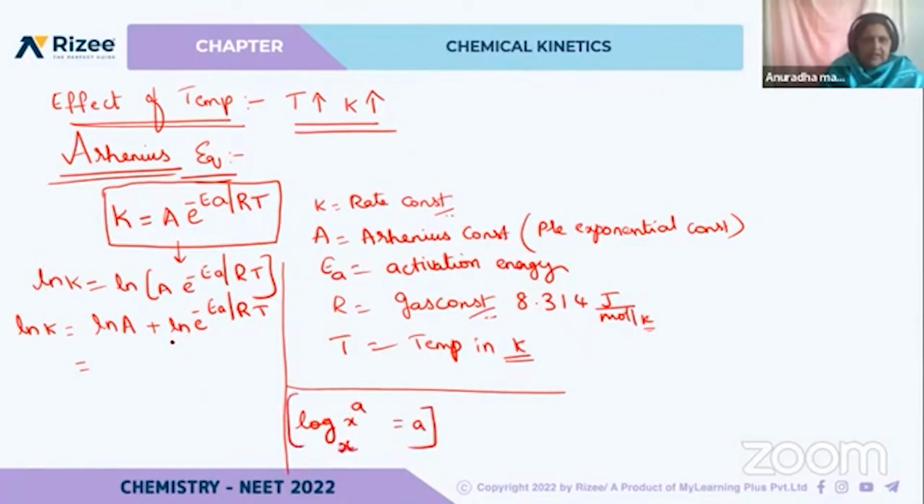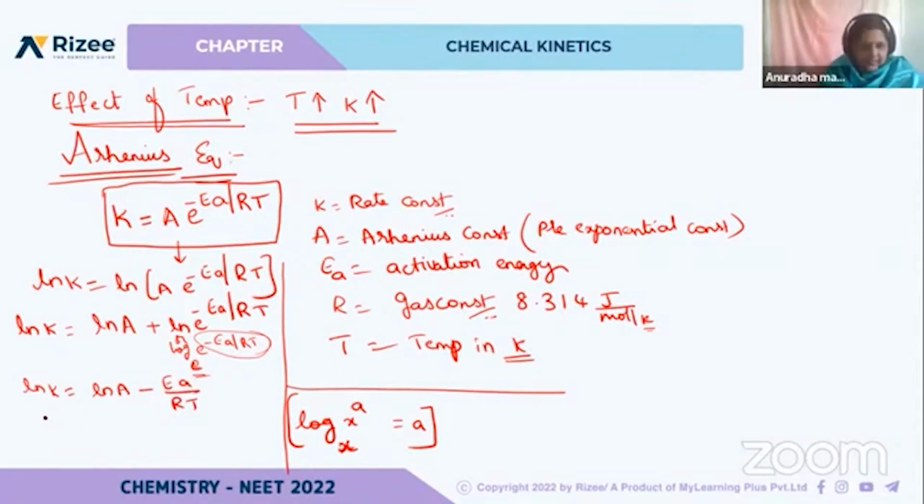So log base e of e to the power of minus EA by RT will give us only minus EA by RT. For calculation purposes, we write ln K equal to ln A minus EA by RT.